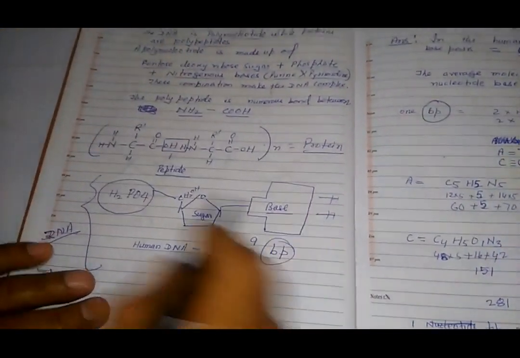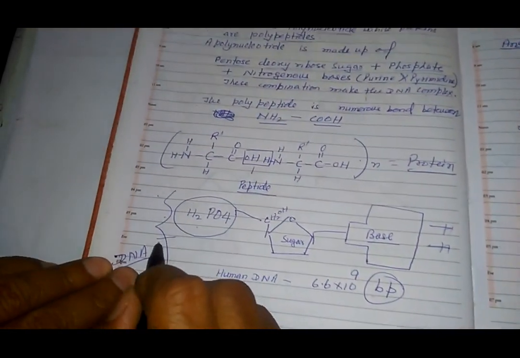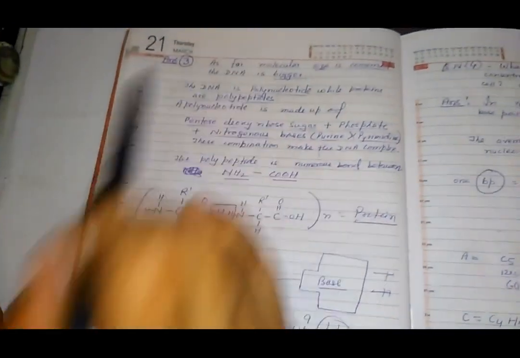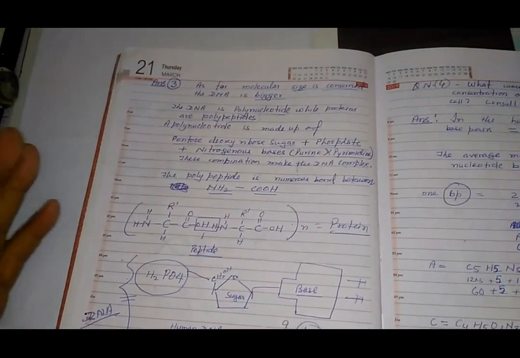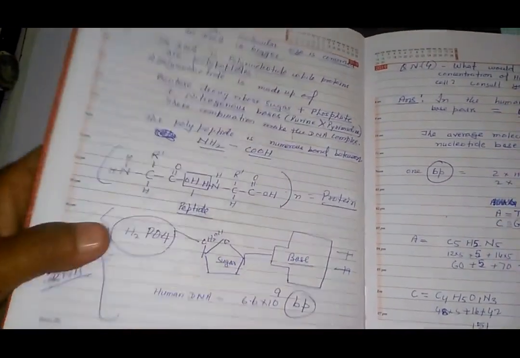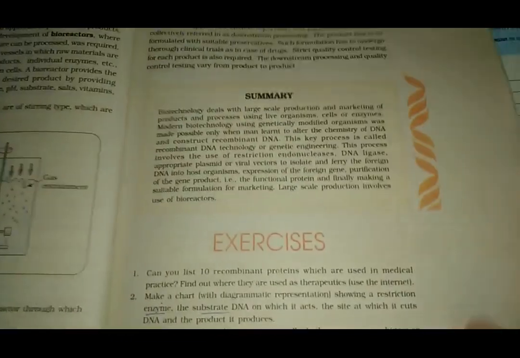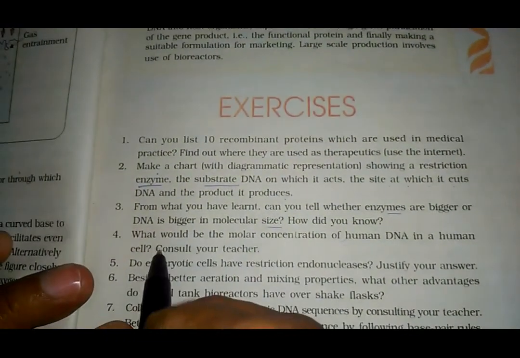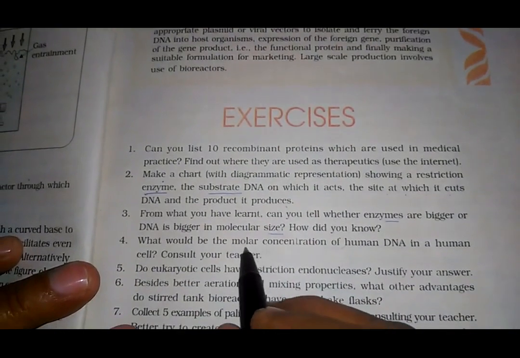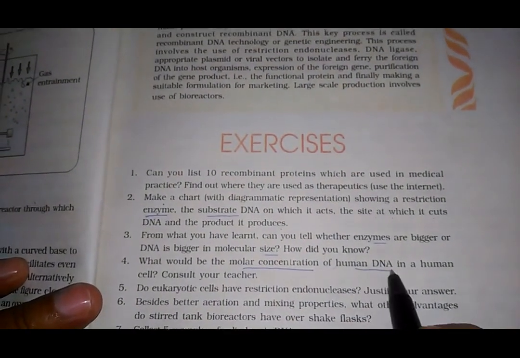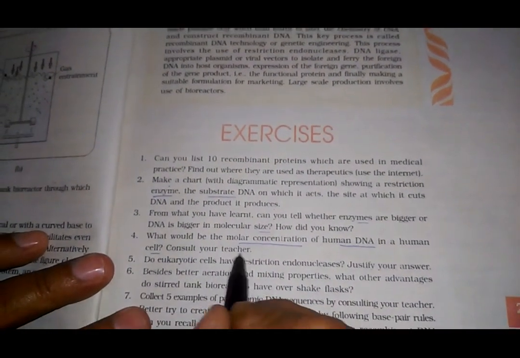In this way these structures are more complex in comparison to the protein. So I think you have got the answer. Now come to question number 4. Question number 4 asks: what would be the molar concentration of human DNA in a human cell? Consult your teacher.